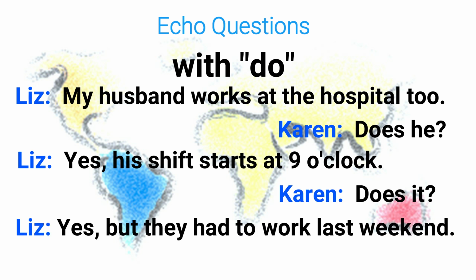"Yes, but they had to work last weekend." "Did they?" Again, all of Karen's responses, the echo questions, include the auxiliary do. The first two examples are in the present tense, and the third is in the past tense, but all start with the auxiliary and are followed by the subject.